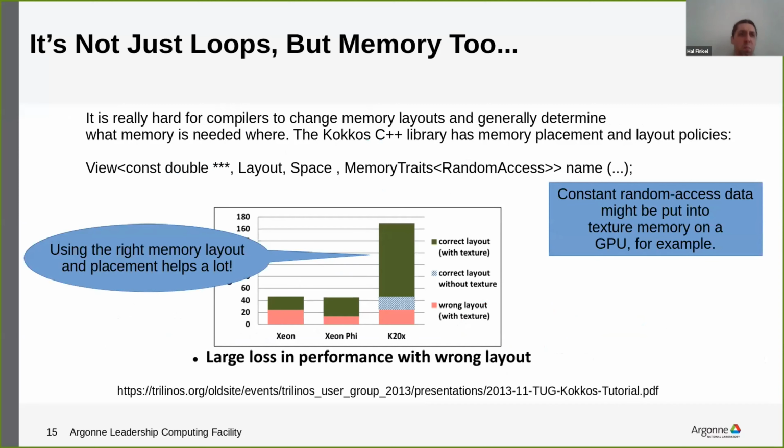The other thing that is really important to mention is that the way that you abstract parallelism is not just limited to adjusting loops. As I mentioned before, data layout and placement is exceedingly important.